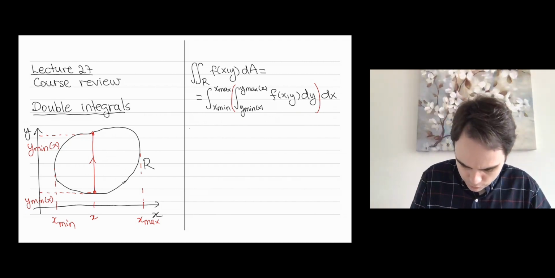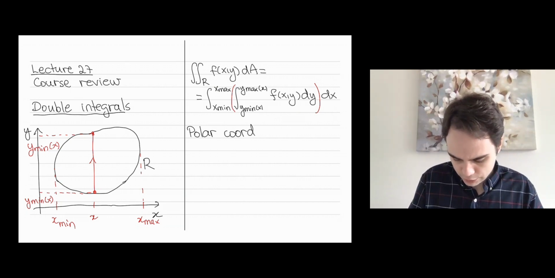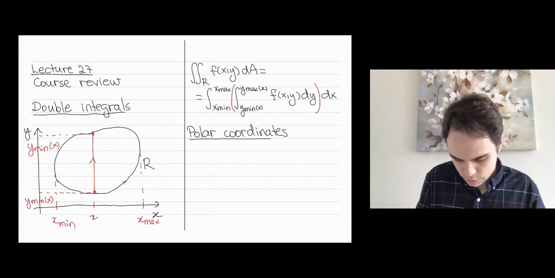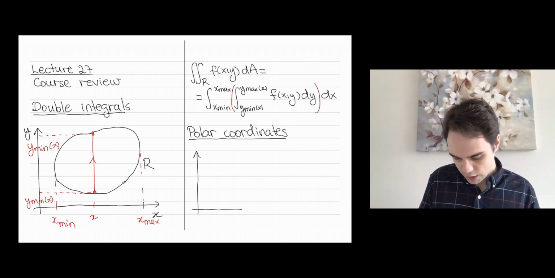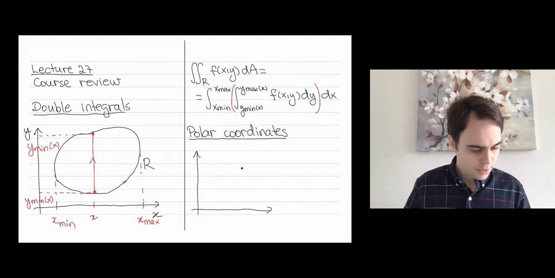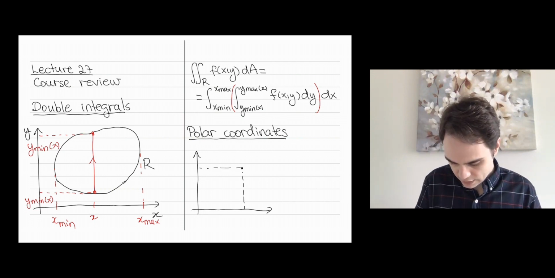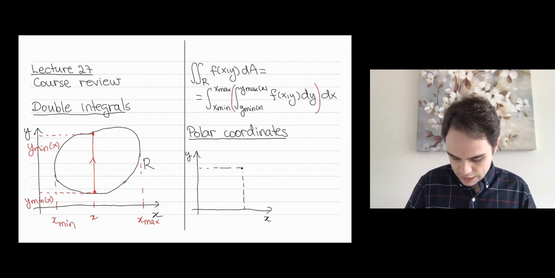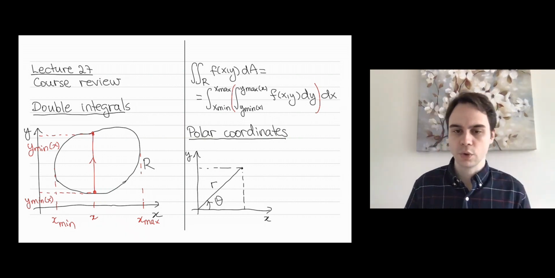The next topic was polar coordinates. These are very useful when we compute double integrals. So the picture is that we're still using two numbers to describe points in the plane, but instead of using the distances from the two axes, x and y, we're actually using the distance from the origin and the angle theta measured from the x-axis towards the y-axis.